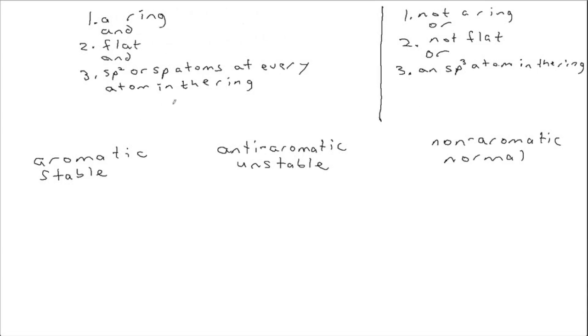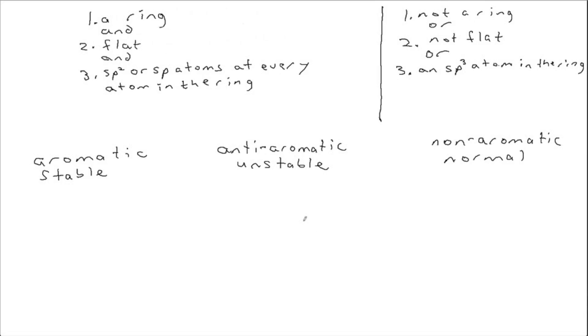So if the molecule is not a ring, what category is it in? Well, it would be non-aromatic. If the molecule is not flat, what category would it be in? Non-aromatic. Right, although, like I said, that's not going to come up in your course because you're going to be assuming everything is flat.